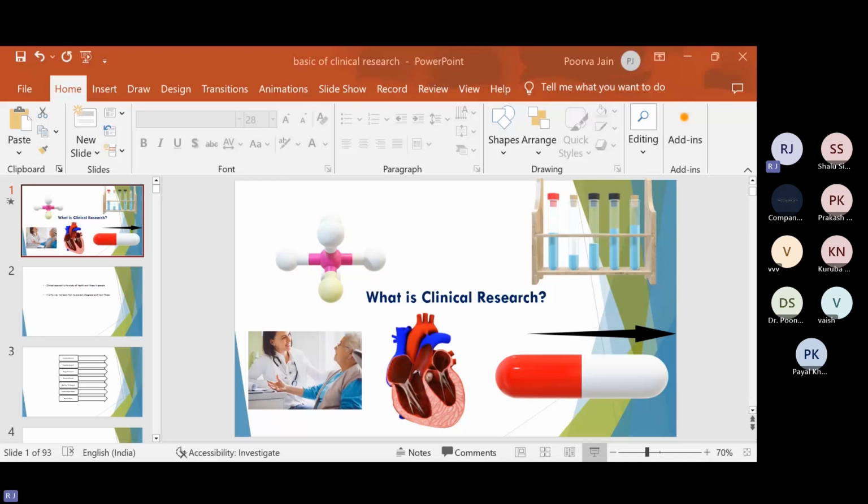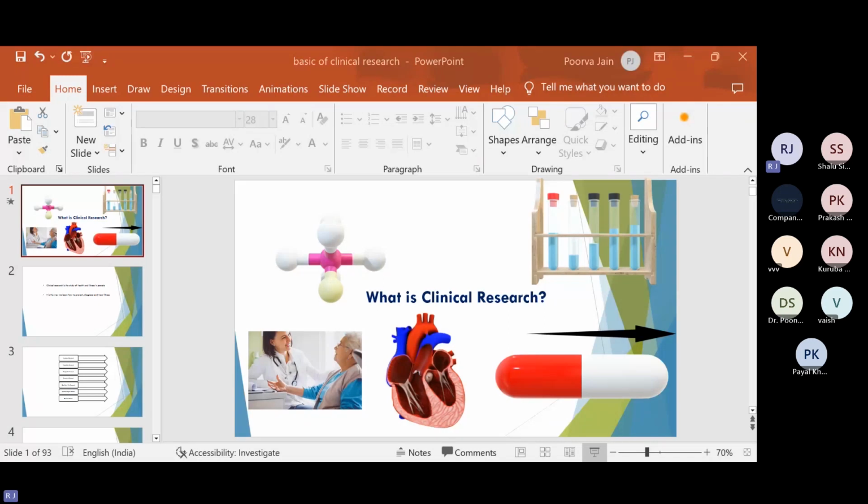In this type of research, we try to identify the ways to improve the quality of life. For example, if a patient is suffering from a terminal illness, meaning there is no cure for that particular illness, and he is in very much pain, then we'll try to identify the ways to ease his or her pain, to minimize the pain, so his or her quality of life can increase.